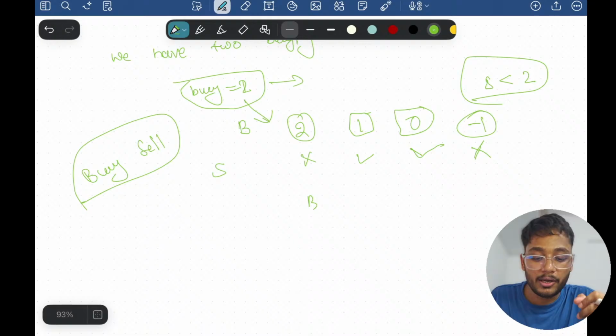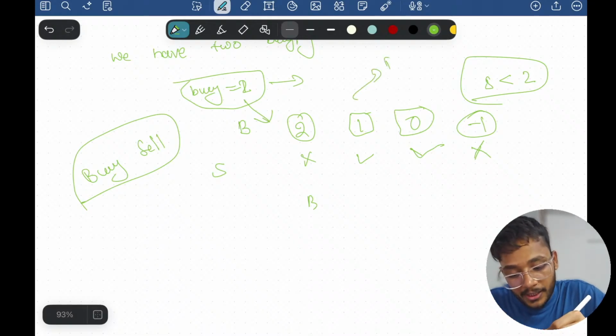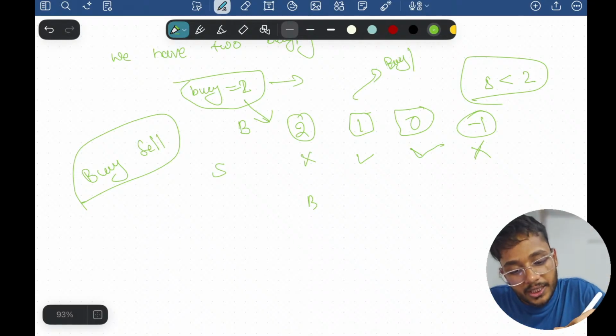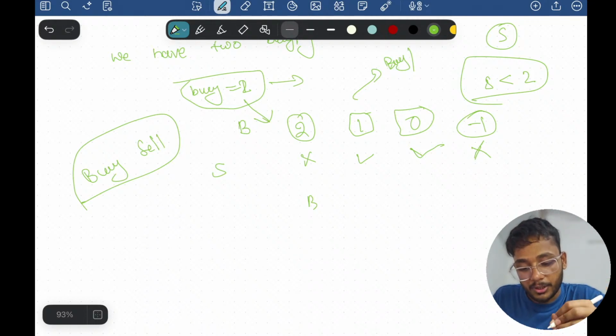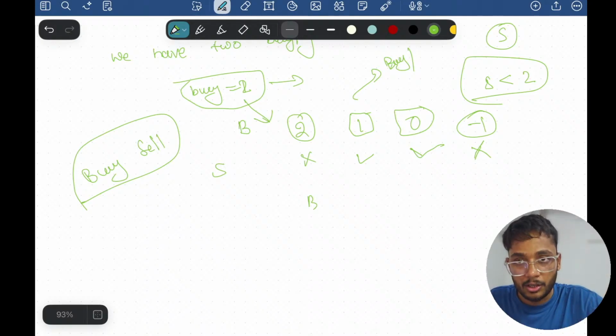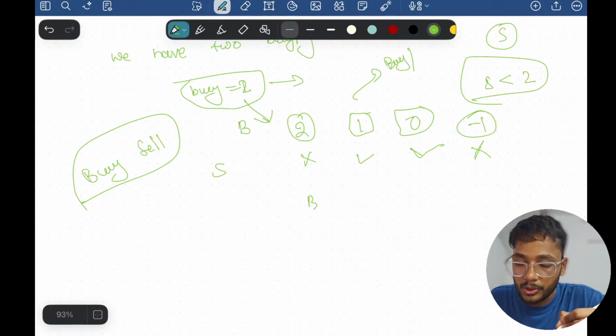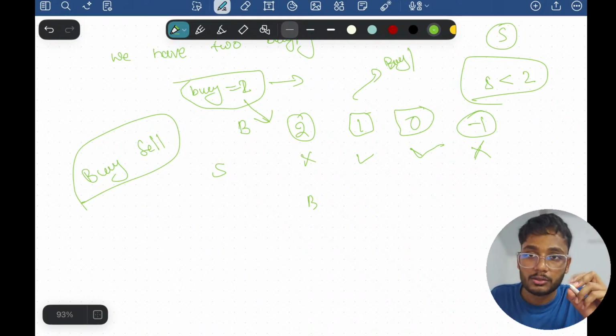Now you cannot confirm whether you can buy or not, because it depends on sell. If you sold, then only you can buy. So you need a second variable, that is sell. Because if it is 1, you are not able to decide whether to sell or buy. But if it's 0, then you can say okay, you already consumed all the buying options, so now you only have the option to sell or not.